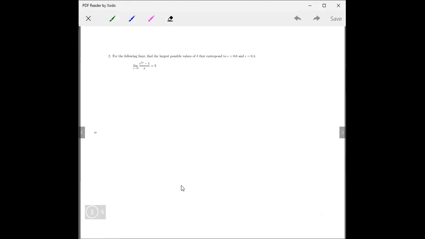So I'm going to show you how you can do this using Geogebra. Here I'm going to put this function in, and remember, epsilon is 0.6. We'll go with 0.6 first.